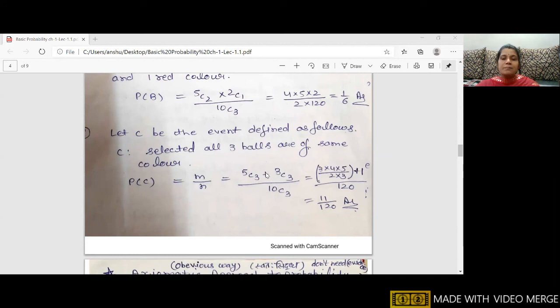Here we write the plus sign because we have either 3 yellow balls or 3 white balls. Plus sign means 'or'. So our formula is 5C3 plus 3C3 divided by total events. The total event is 10C3. Solving these steps, we get the answer 11 by 120.